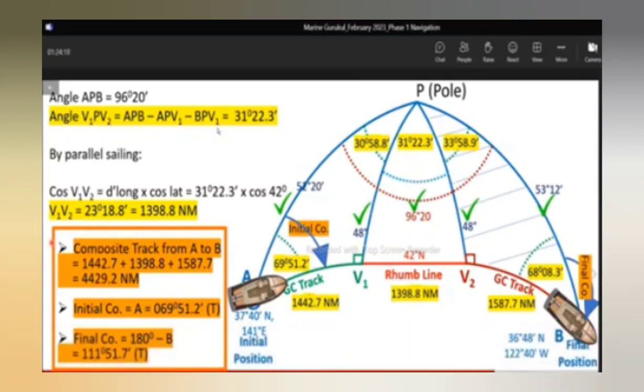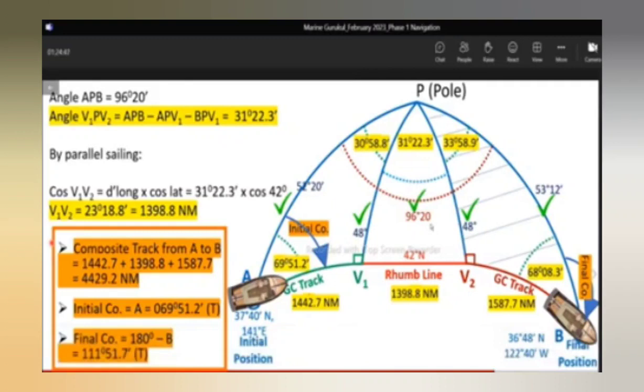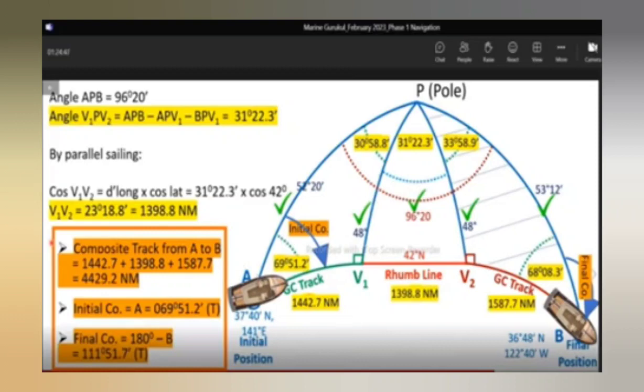Can you please tell once again how to calculate the D long? How to calculate the D long between vertex 1 and vertex 2, right? Yes, sir, correct. Okay, beta, this total angle, the maroon color angle from A to B at the pole, is 96 degrees 20 minutes. Agree? Yes, sir. Now the smaller angle Alpha Papa Victor 1 is 30 degrees 58.8 minutes. We calculated it by Napier. Agree?